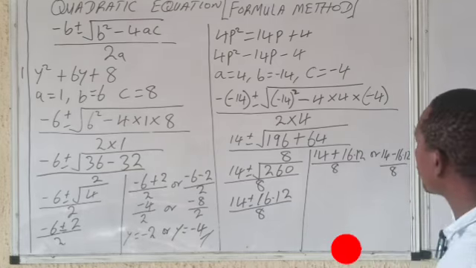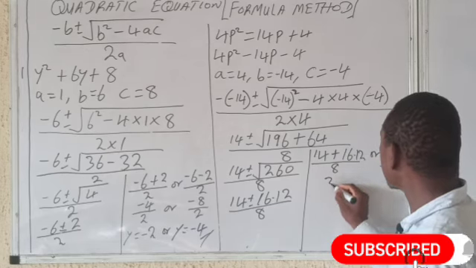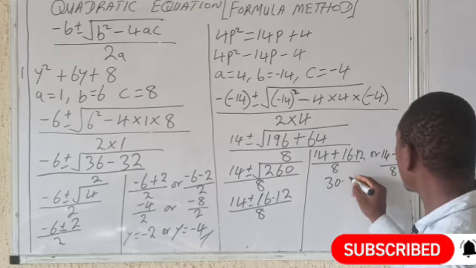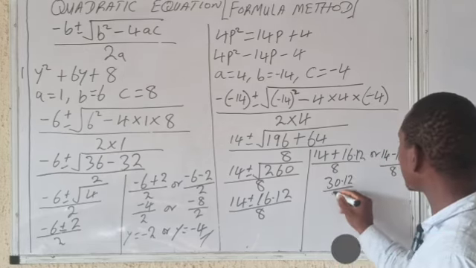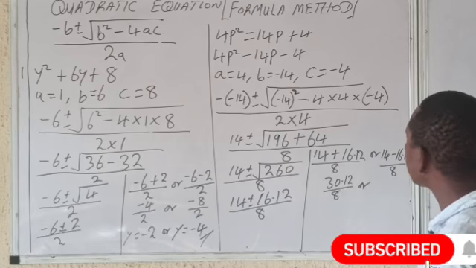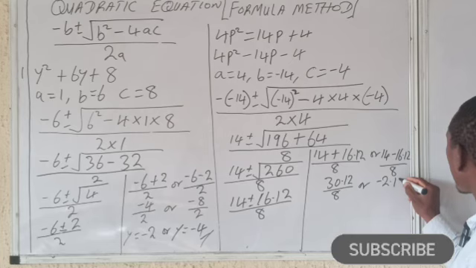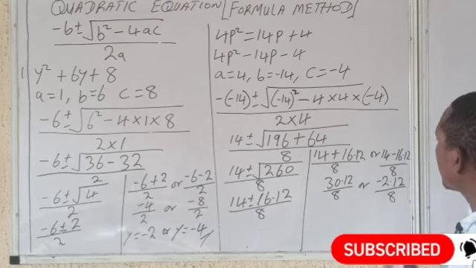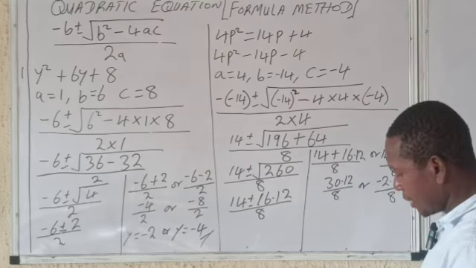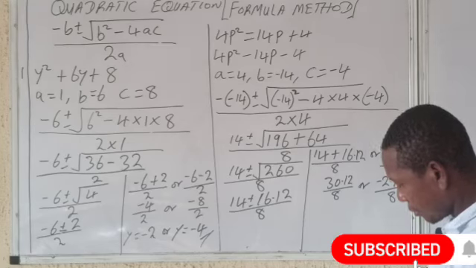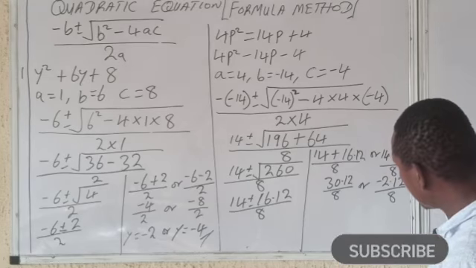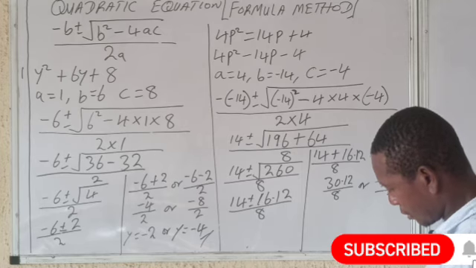So to do your calculation here, you now have 30.12 all over 8, or to do here, you now have negative 2.12 all over 8. And your final answer in this case is now divide by 8.